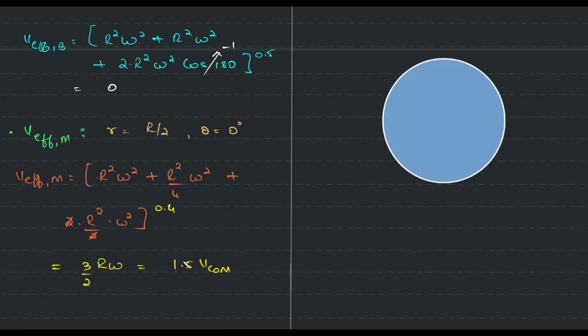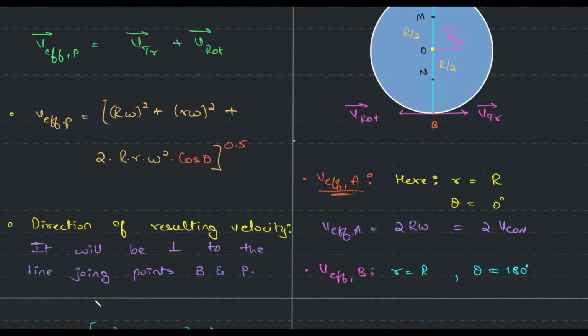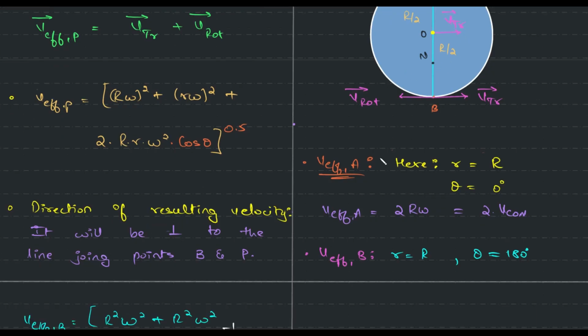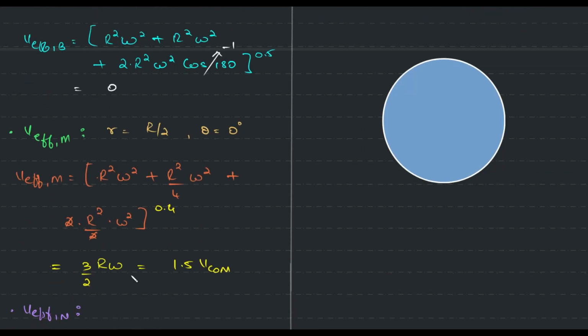So if I keep doing this, finally we have V effective at point N. That's the point which is below O, point N, half the way. Can you see the values, what is happening to them? This is r by 2, but theta here is 180 degrees. So as and when you calculate it, we will see, calculate it and plot it as well. We'll see something unique.